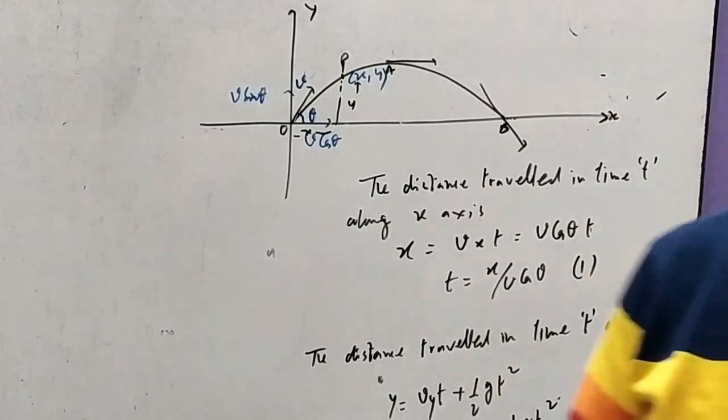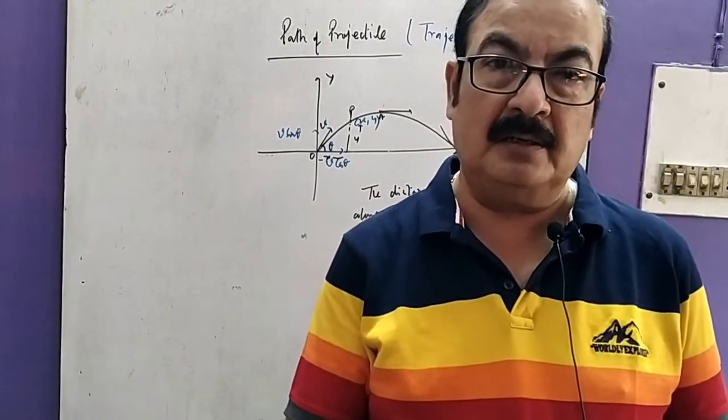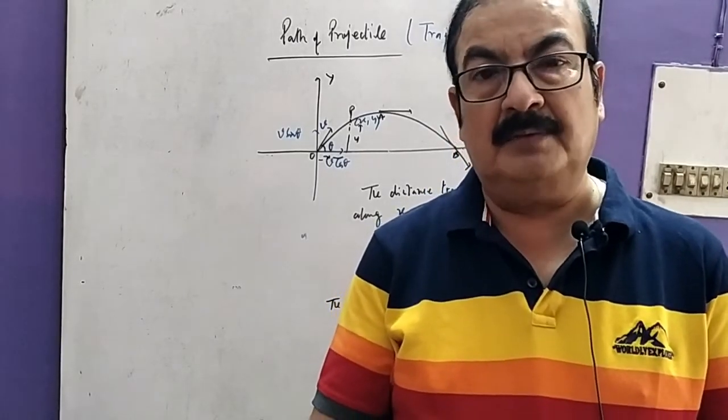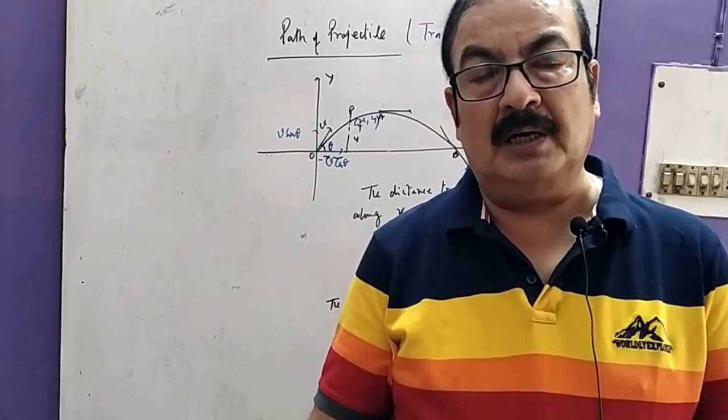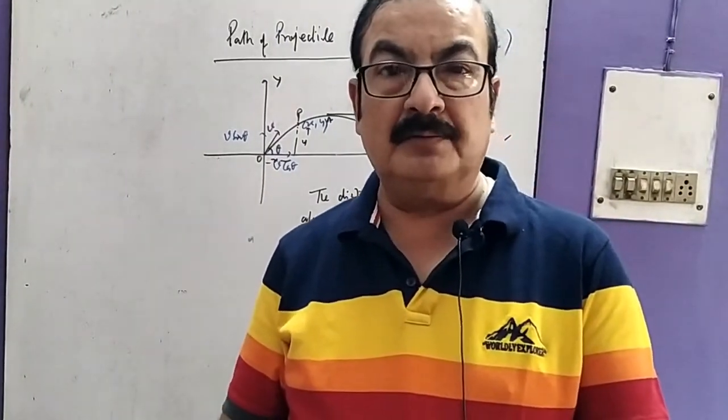In that way, we have discussed something very informative about projectile motion. In the next lecture, we will discuss the details about time of flight, the horizontal range, and the maximum height attained by the projectile, along with some relevant numerical problems.